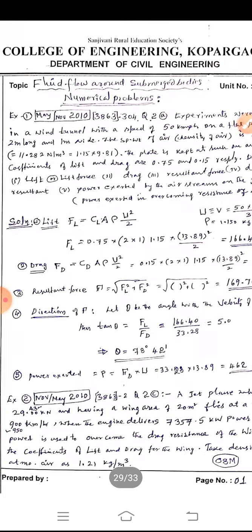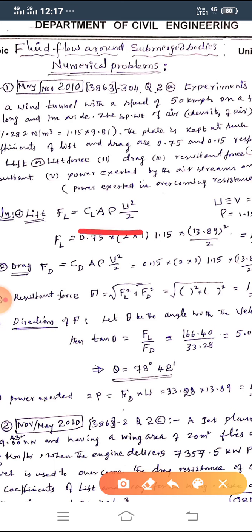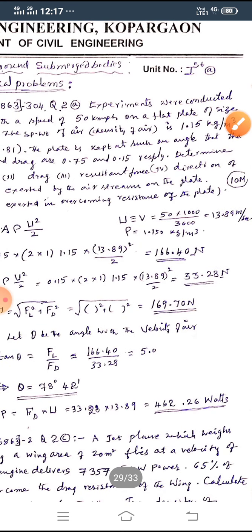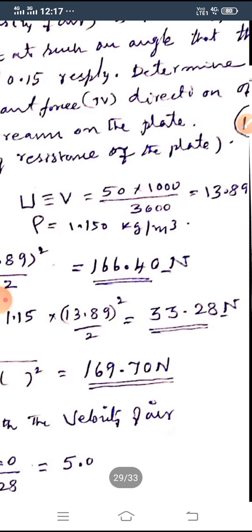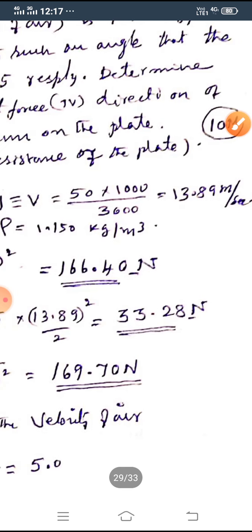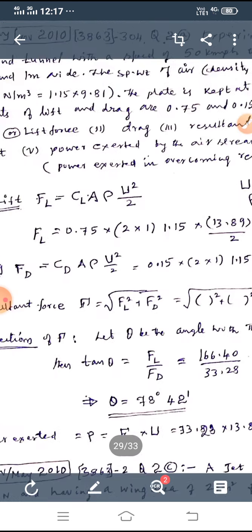We know that FL is equal to CL A rho U squared by 2, where U is equal to 50 multiplied by 1000 divided by 3600, which will give you 13.89 meters per second. This is just conversion. You are aware of this.